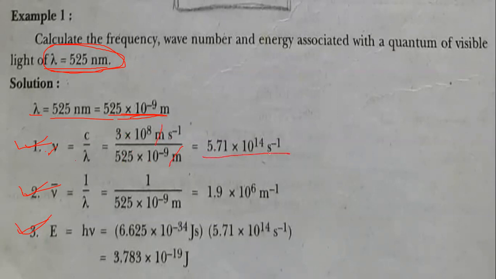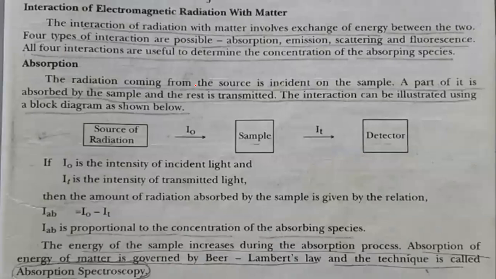So this much hertz is the frequency of that radiation. Now nu bar is the wave number, 1 upon lambda, which is 1.9 into 10 raised to 6 per meter, and energy is equal to h nu, which is given by this. This is the example for the above concept.